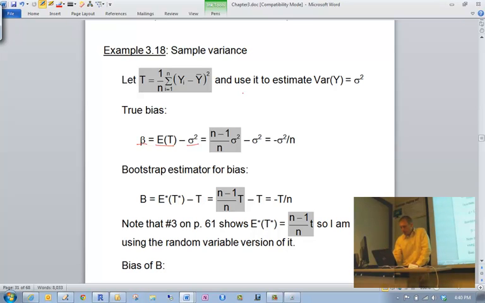Sigma squared is the variance of y. Now, remember, let's just rewrite that. Maybe it's needed, but might as well.